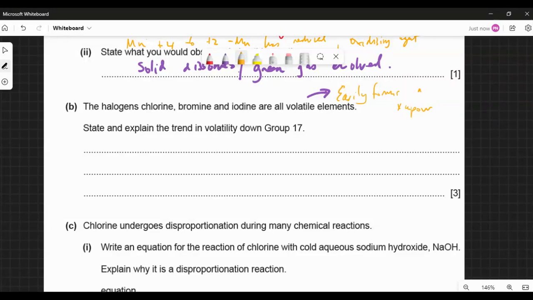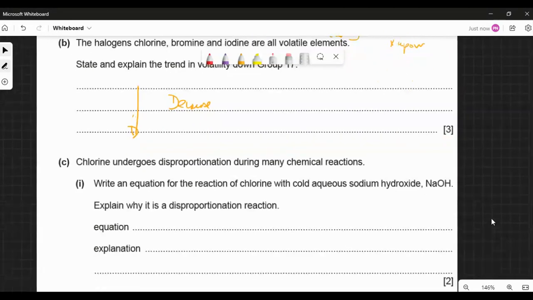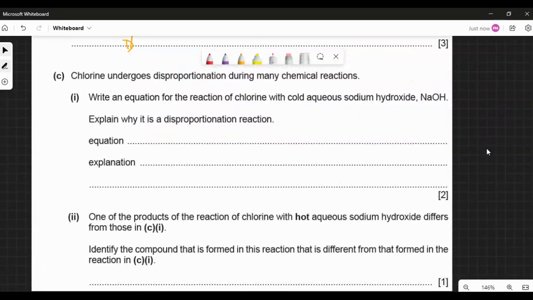Thank you. Right. So as you go down, the volatility decreases, yes. And that's because the van der Waals forces increase, yes. Why do the van der Waals forces increase? In number of electrons. That's good. Now it sounds like there's a class here. All right. Are we good with that?